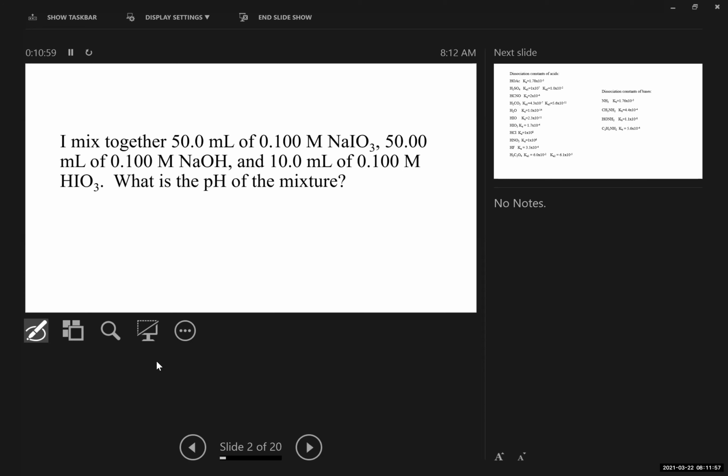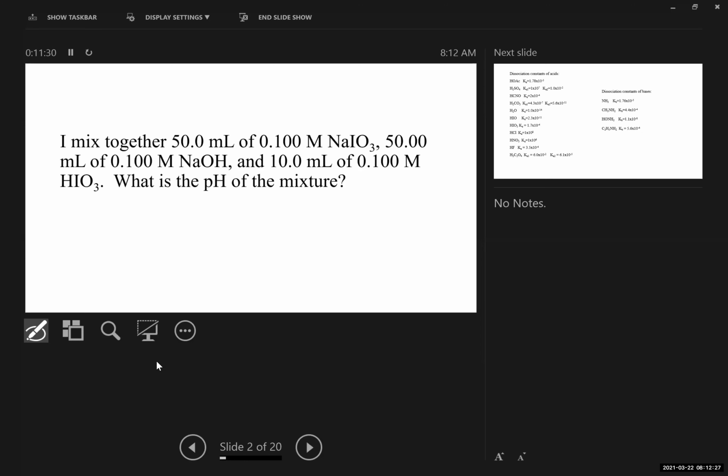Oops. What is sodium hydroxide? It's a base. Not only is it a base, it's a strong base, and not only is it a strong base, it's also a salt.